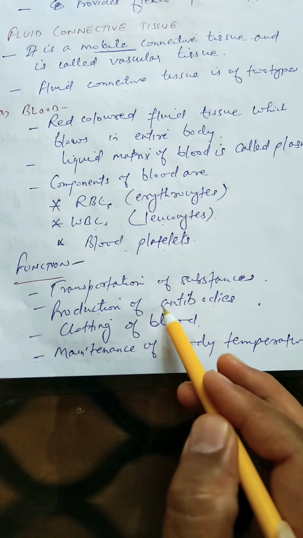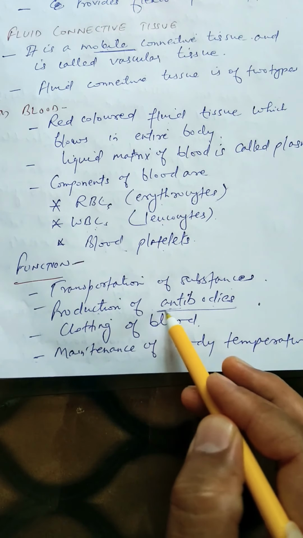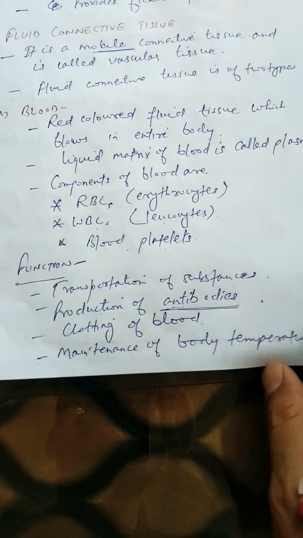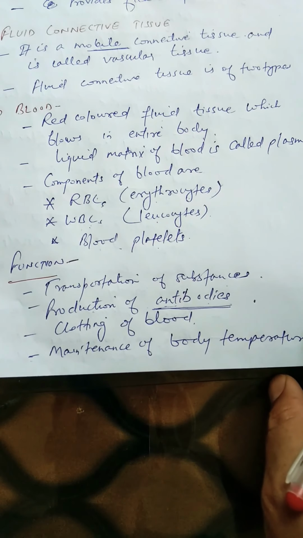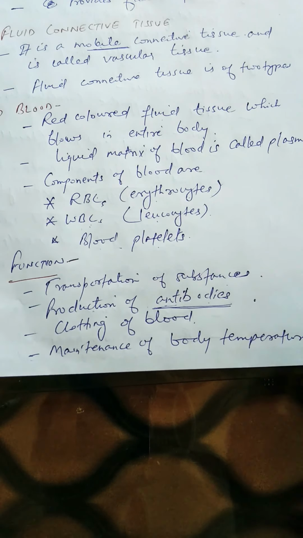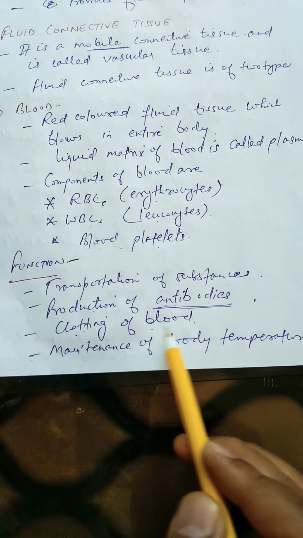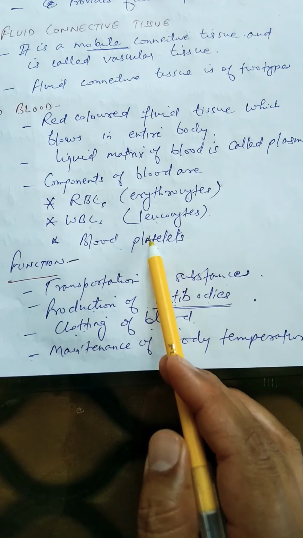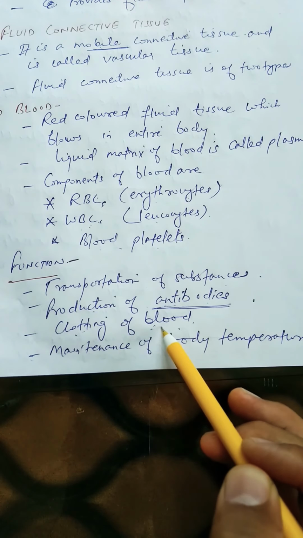Now students, see the term antibodies. These are the substances which help to fight unknown foreign particles which are known as antigens or pathogens. Clotting of blood: I have already told you that blood platelets, a component of blood, help in clotting of blood.